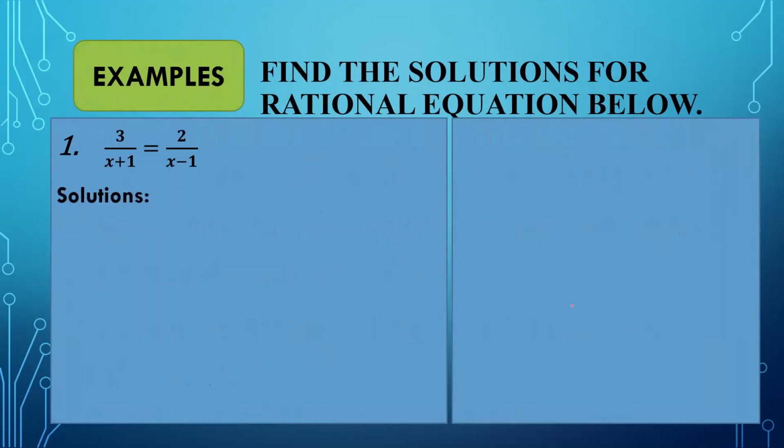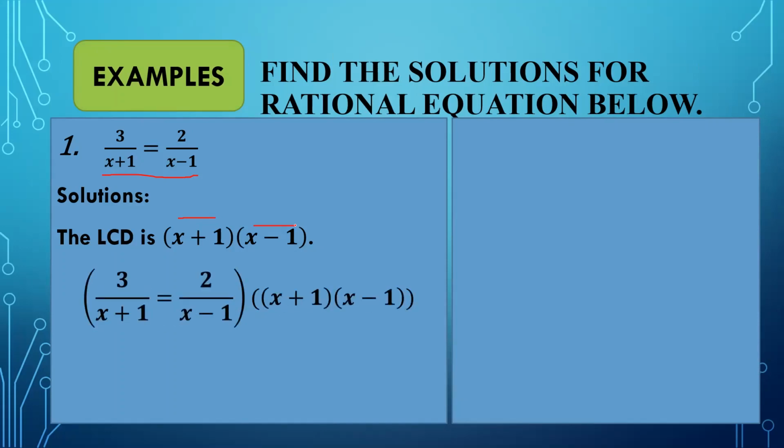So we have the solution. The LCD for this equation is (x plus 1) times (x minus 1). So again, the least common denominator is (x plus 1) times (x minus 1). Next, we have this one.